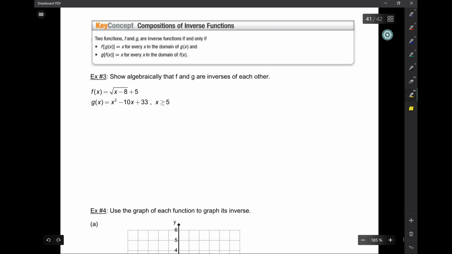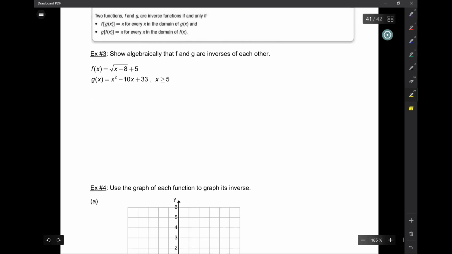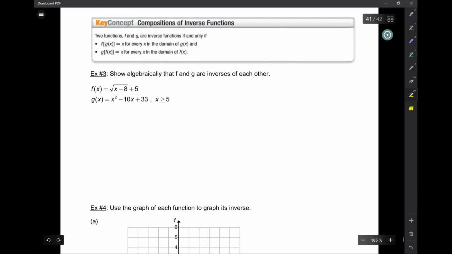How do you verify that two functions are inverses? Everybody will tell me, oh, you just find the inverse and you say, oh, look, it's no. To verify, you have to find f of g of x and g of f of x.